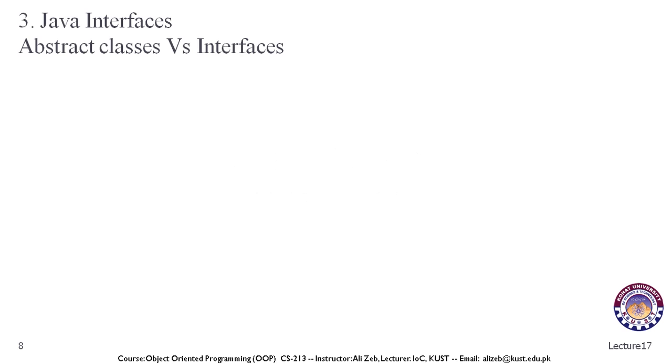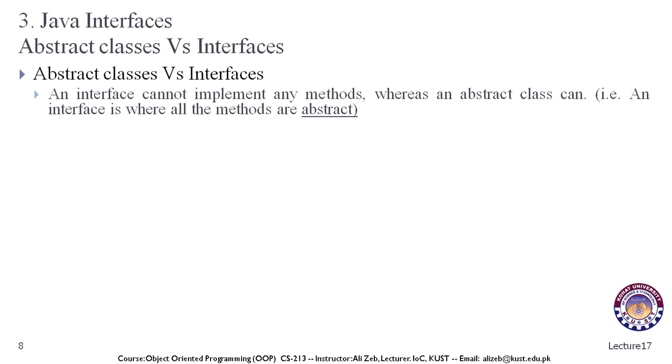Now to compare abstract classes with interfaces, we can say that an interface cannot implement any methods, whereas an abstract class can. In interfaces, all the methods are abstract.